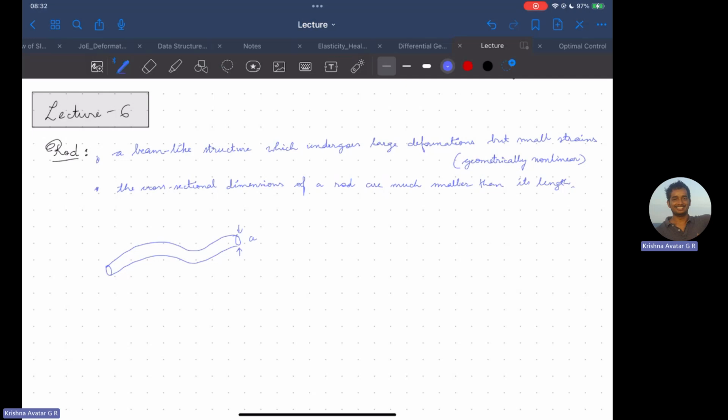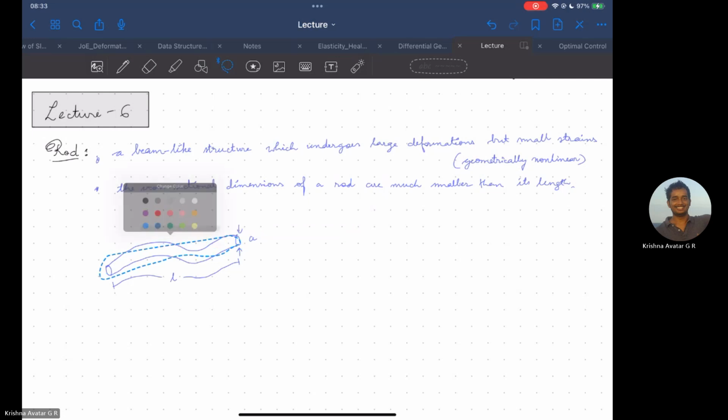If it is a trapezoid, then we can define something called a characteristic diameter of a cross section. So it's the largest length scale present in the cross section, and this L happens to be the length.